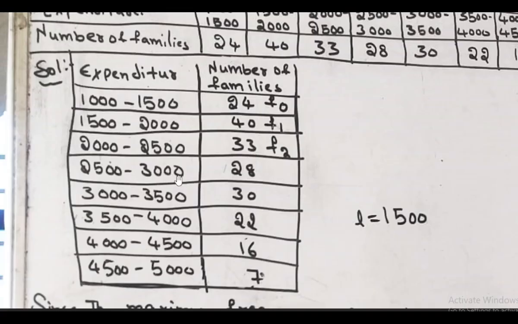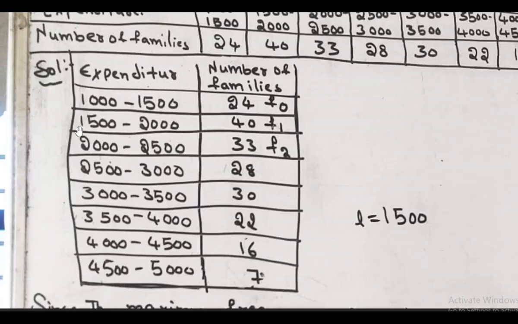After writing as columns, from the frequencies, what is the maximum frequency we are observing here? From all the frequencies, the maximum frequency is 40. Since the maximum frequency is 40, the corresponding class is the modal class.